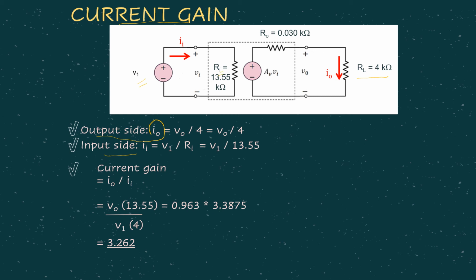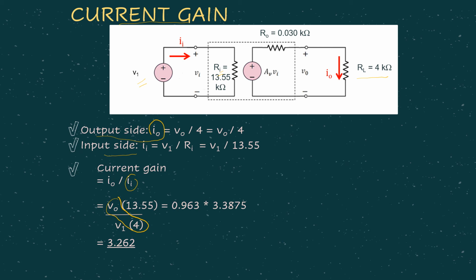We already know RL and Ri, so substitute, leaving I0 and Ii in terms of V0 and V1. I0 is V0 over 4, and Ii is V1 over 13.55, so you substitute accordingly.